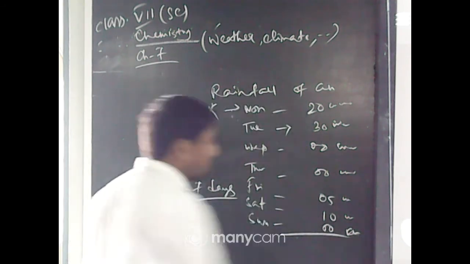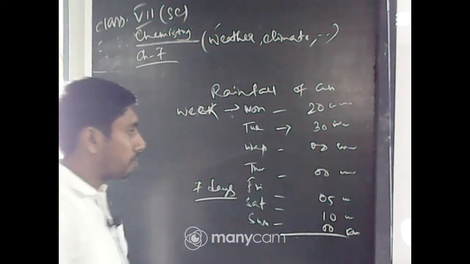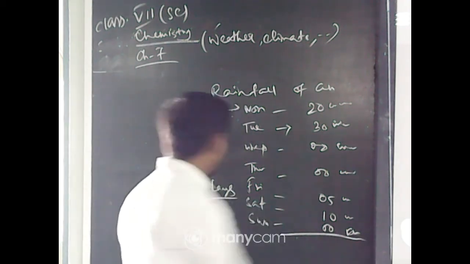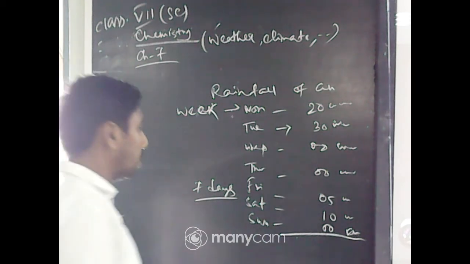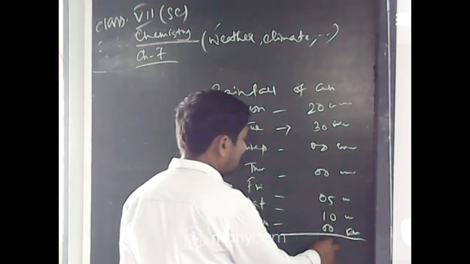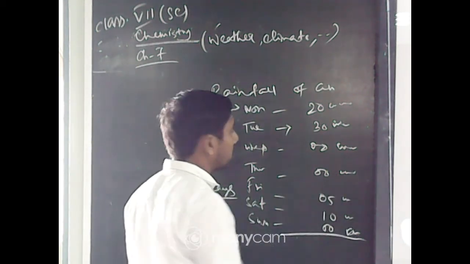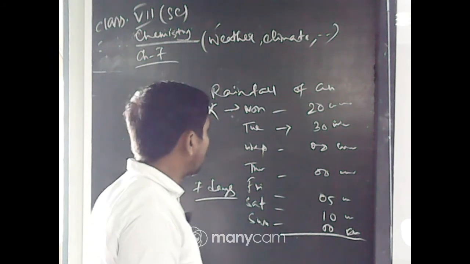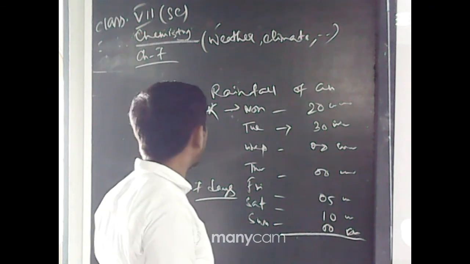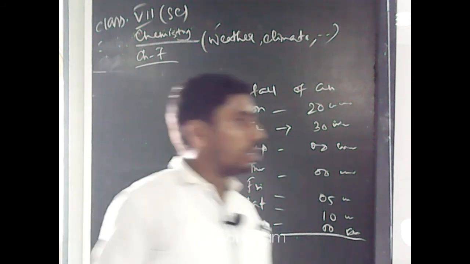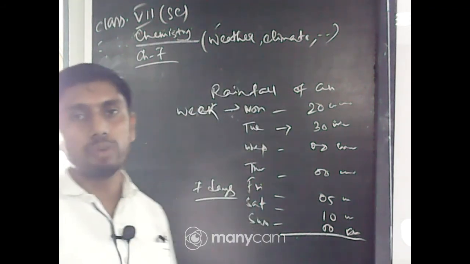Now you can add this; it is in page numbers 69 and 70. Add the total amount of rainfall throughout the week and then divide by 7. This will be the average rainfall throughout the week.